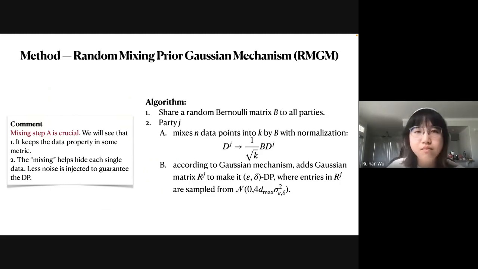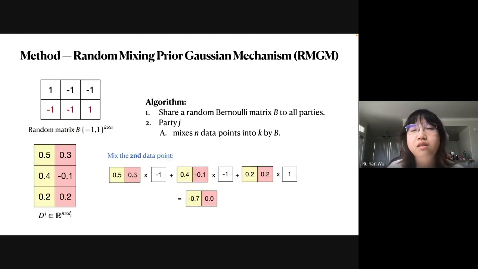Let me go to the previous slides. If we only have one data point here, it's a mixing of all single data points in the private data matrix, multiplying the 1 and minus 1. Then consider another neighboring data set contributing this mixed data point.